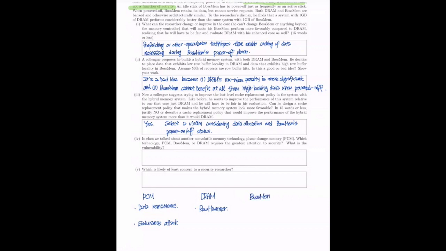And how about BossMem? As this question does not assume any limitation in BossMem's endurance or something like a Rowhammer effect, it has only the data remanence problem, as it is also non-volatile memory.